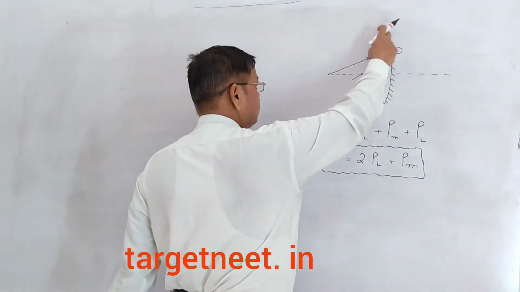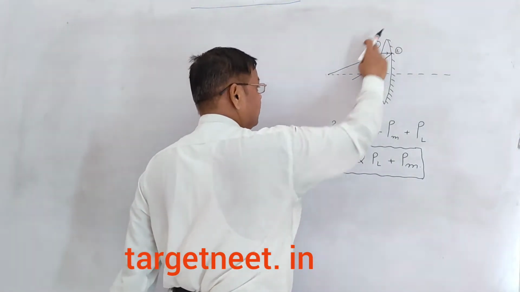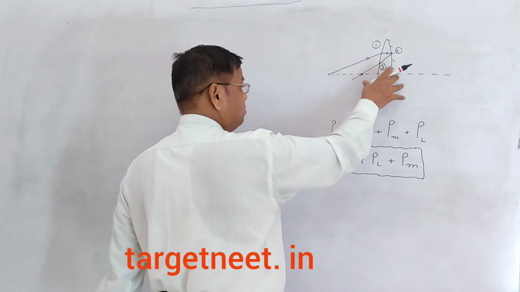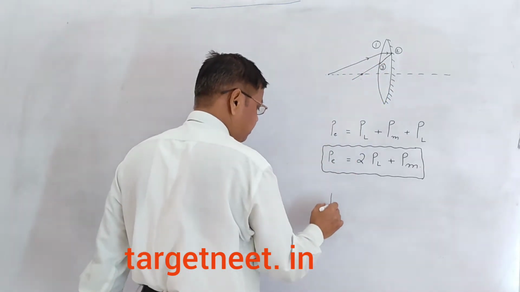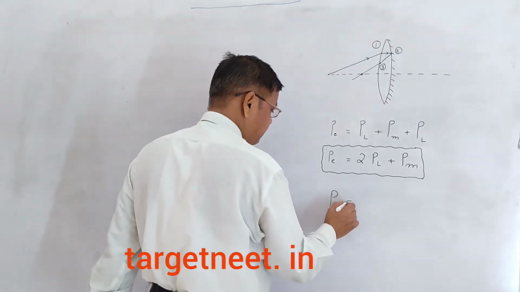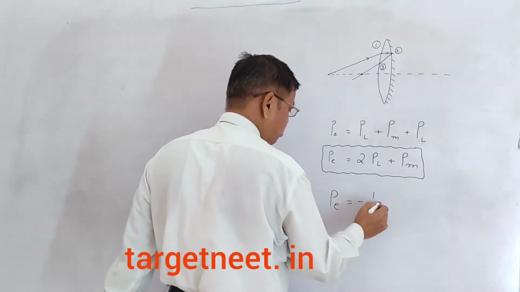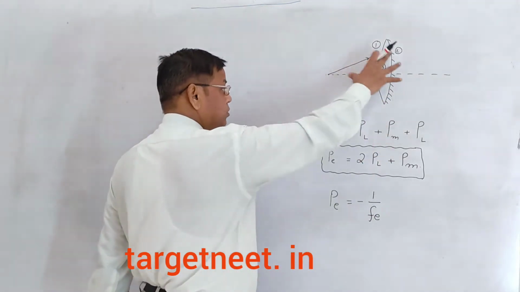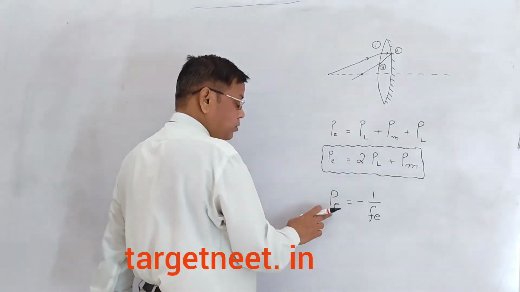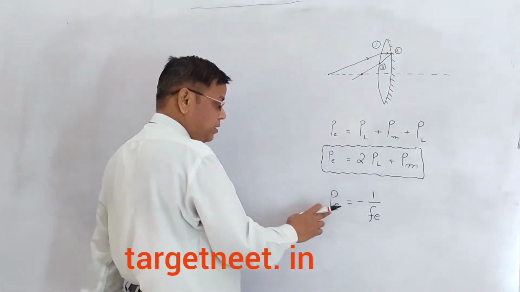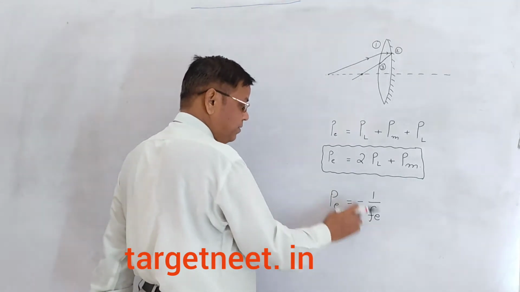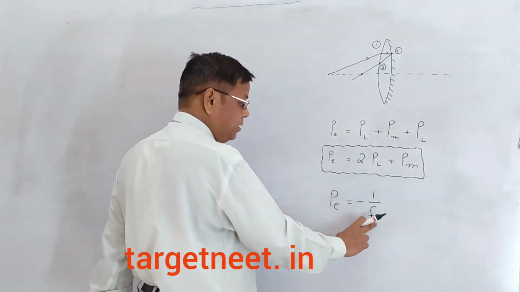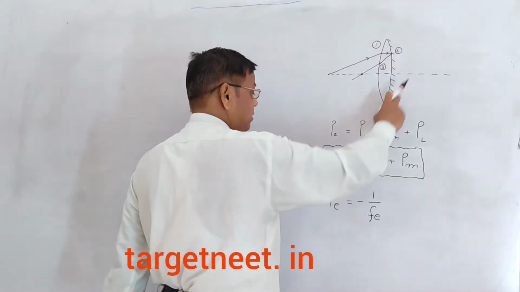If I take this as an equivalent or effective mirror, then the effective power and the effective focal length are related by this formula: effective power is equal to minus 1 upon effective focal length. Why negative? Because the system behaves like a mirror, and the formula of power for a mirror is P equal to minus 1 by f. After getting P, you put this power here and find the effective focal length of this mirror.